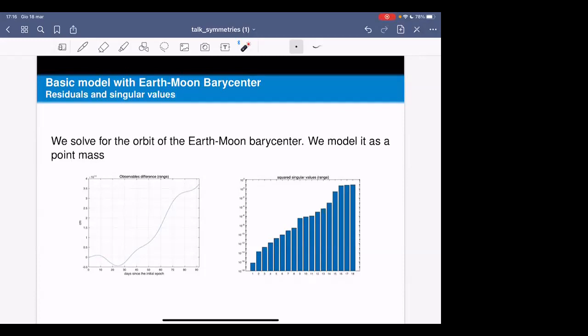So we are not free to rotate the Earth position and the moon position, but only the Earth-Moon barycenter position and velocity. And this causes another disruption of the symmetry, which results in these three eigenvalues.